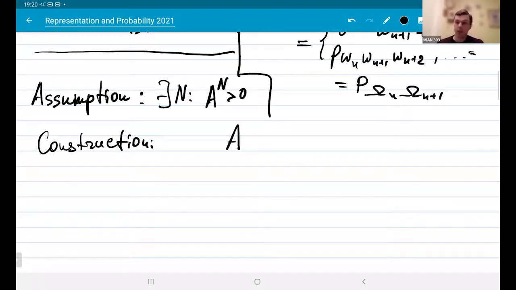For such matrices, there is the so-called Perron-Frobenius theorem that says that there is an eigenvalue and eigenvectors that have non-negative coordinates. And in fact, this lambda, which is called the Frobenius eigenvalue, is the largest in terms of absolute value among all eigenvalues of A.